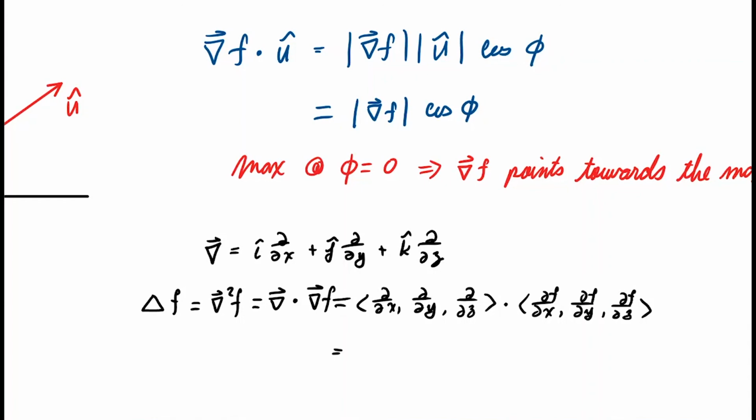Good. Now we take another dot product. This is a gradient vector, and remember this is a vector, and we take another dot product with this, and this ends up being second derivatives added together. This is what the Laplacian operator does.